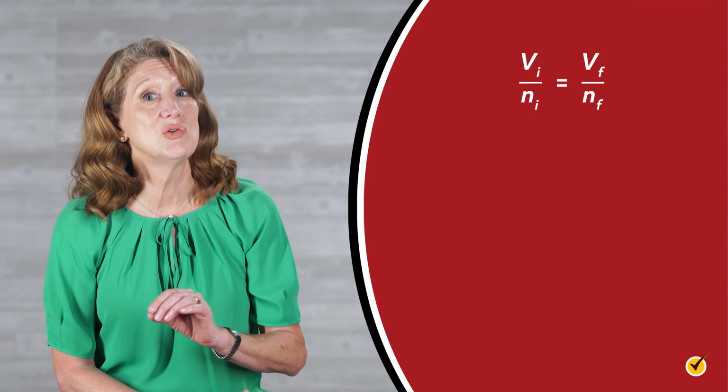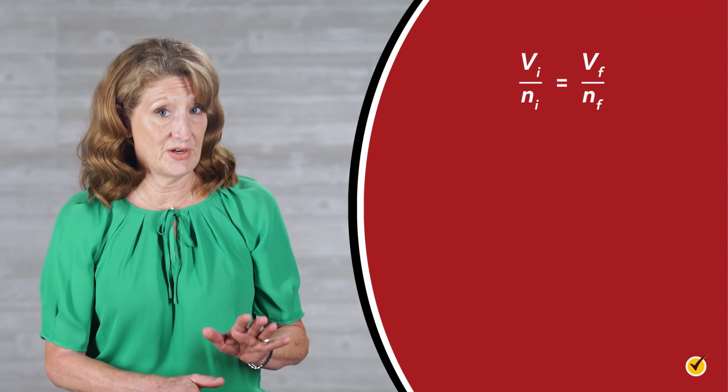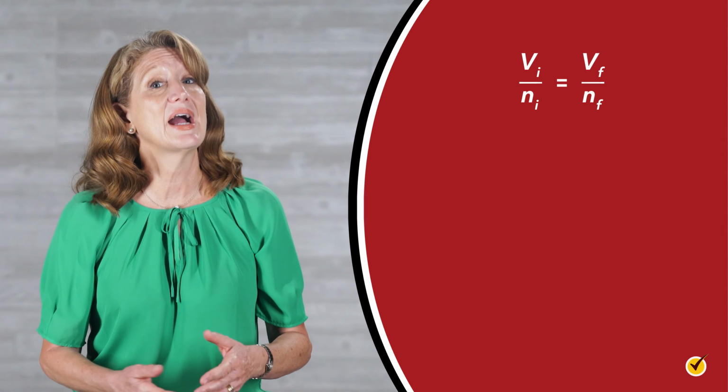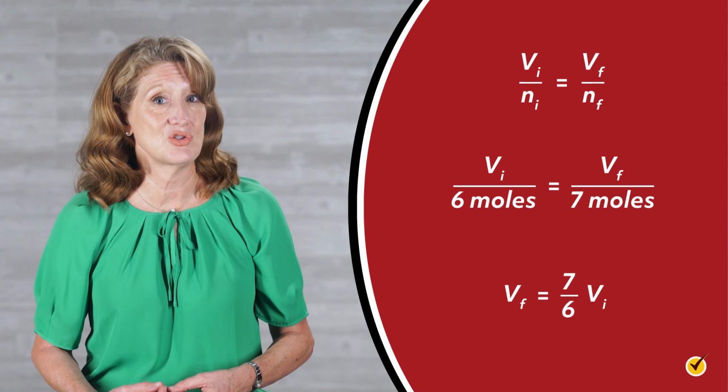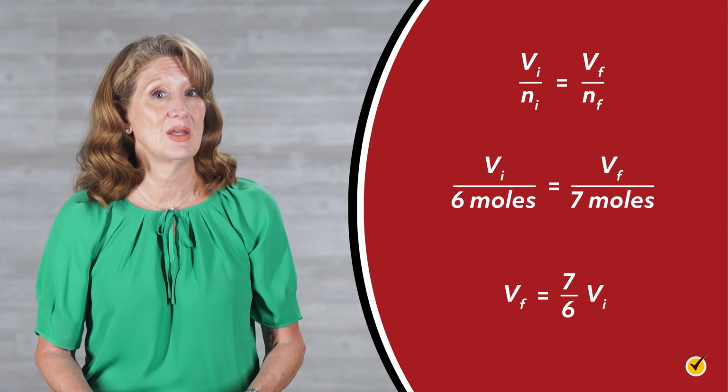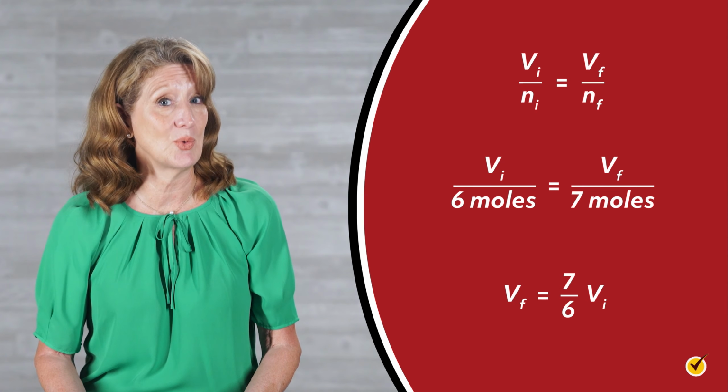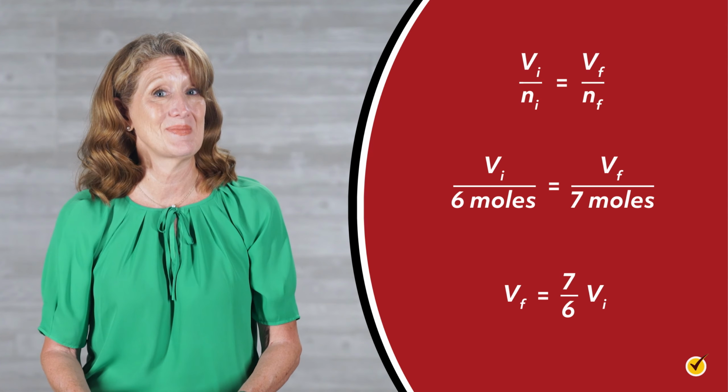Of course, we may not actually be using these quantities, but we're just setting up the stoichiometric equivalencies with a mole unit. So now we can plug these values into Avogadro's law, a variant of the ideal gas law, and calculate that the final volume is 7/6 larger than the initial volume. We know this just from the stoichiometric coefficients.